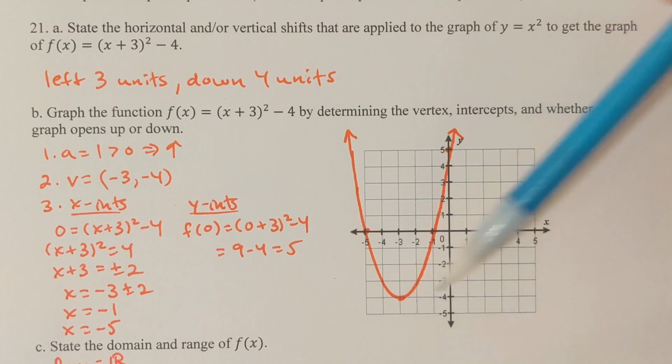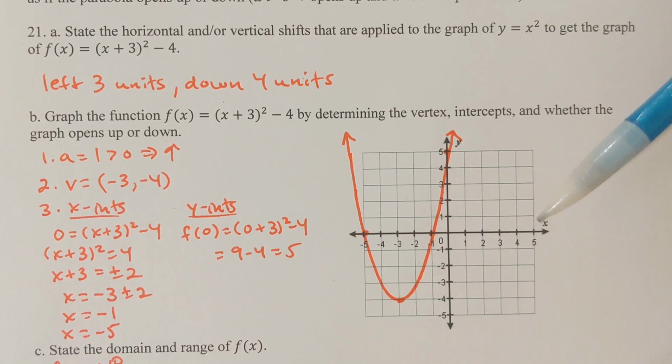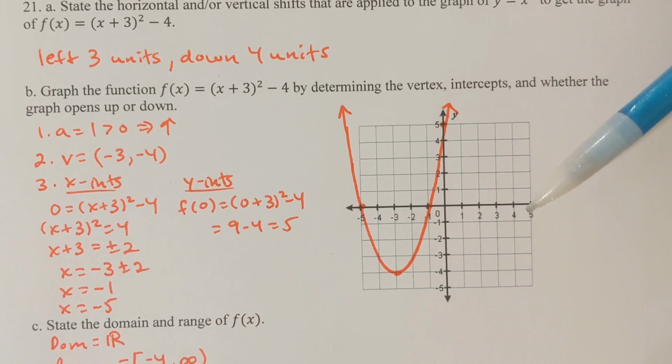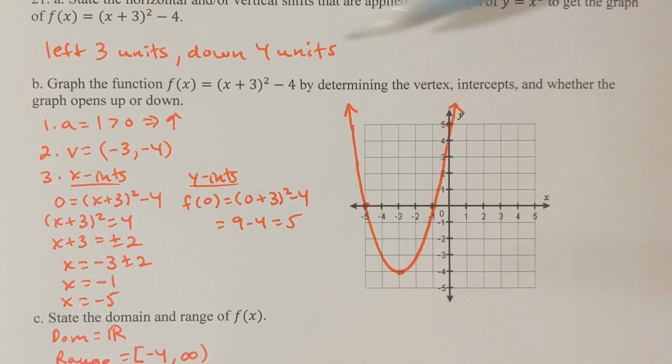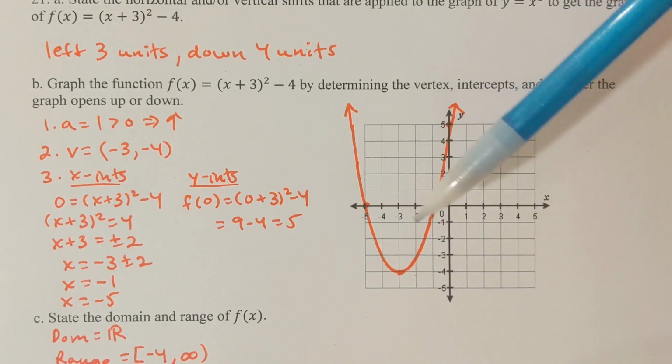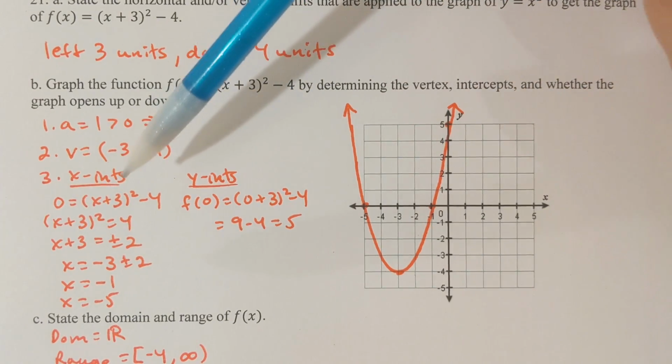I've got that point plotted right here. Then I want to find the intercepts. To get the x-intercepts, let y be 0. Y and f of x mean the same thing, so I need to let the function be 0 and solve for x. That's what I've got here.